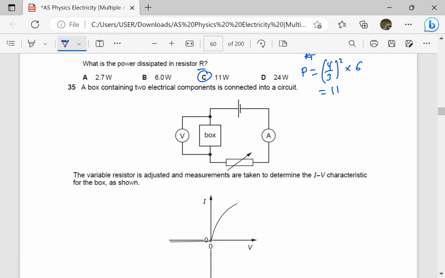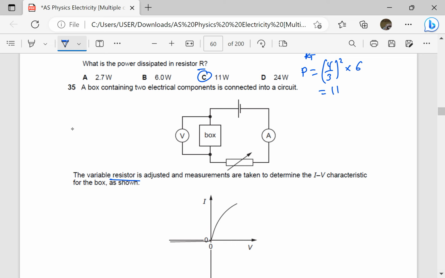So let's first go back to the setup. A box containing two electrical components is connected into a circuit. The variable resistor is adjusted and measurements are taken to determine the IV characteristic for the box.